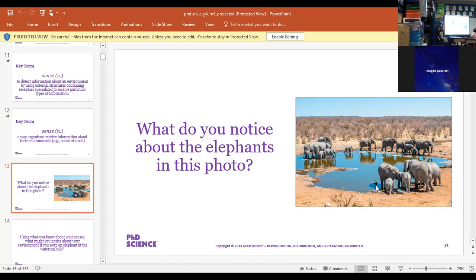For some people, it becomes overwhelming getting all that information all the time. To further investigate how elephants sense information in the environment, we're going to read an excerpt from an article.